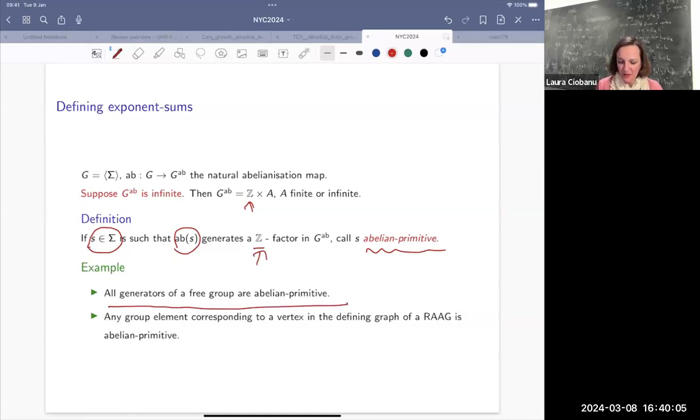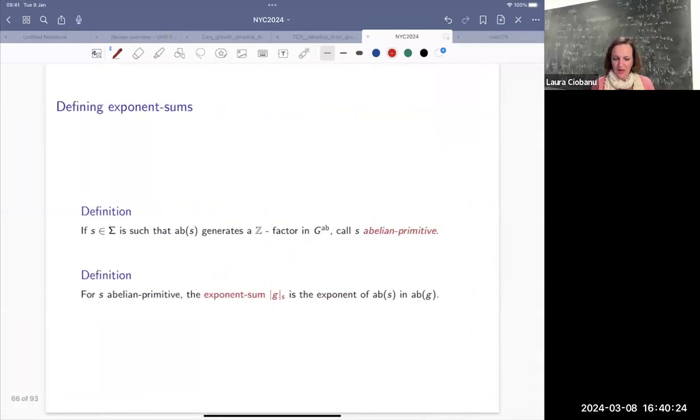So of course, all generators of a free group are abelian primitive. Also, the standard generators in RAGs, the group elements corresponding to a vertex, are abelian primitive. Clearly they will generate Zs in the abelianization. Then you need to write down a few lemmas to make sure this is well defined.